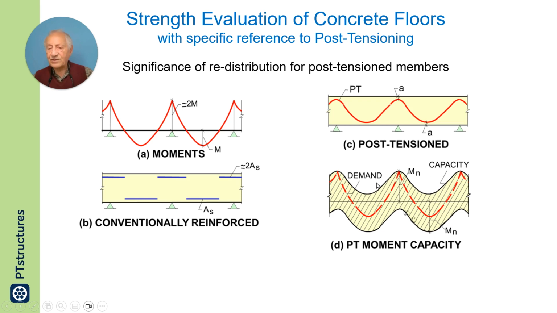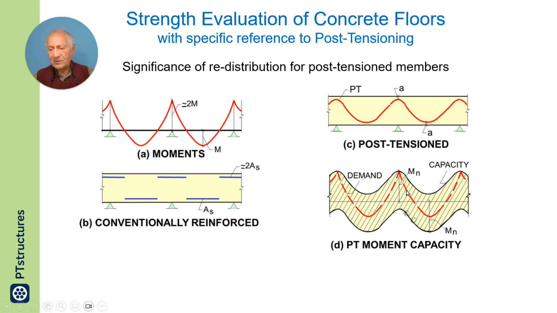The hatched region is the capacity based on the presence of post-tensioning. Your demand moment from applied load, typically, like shown on the top left, is higher at the top, lower at the bottom. Here I have 2M and I have 1M.